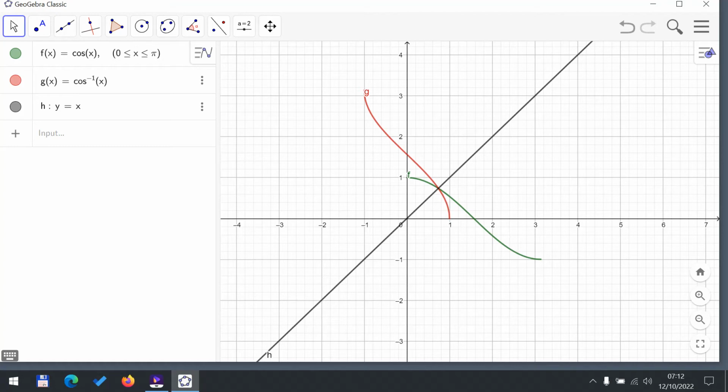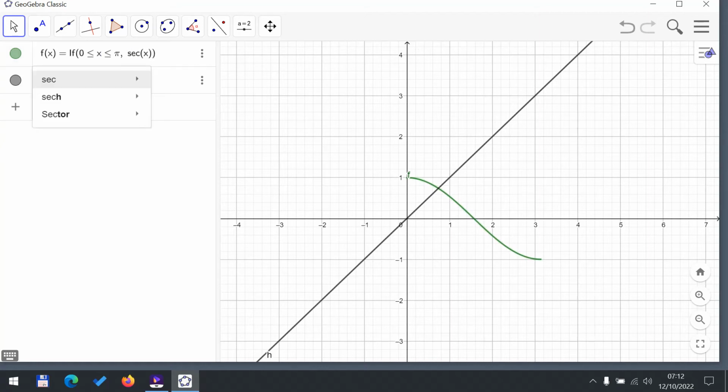So let's now change this. I won't change the y equals x line. I'll just remove this one and let's replace this with secant. Okay, so this is now secant.